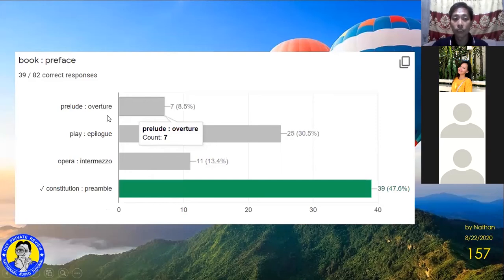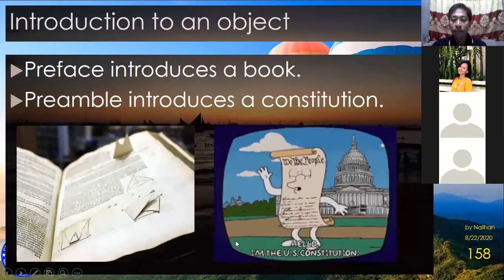So it's not prelude, overture. It's not play, epilogue. For play, the best analogy is, I don't know, prologue, something like that. And it's not opera, intermezzo. I think intermezzo is in between the opera or in between the performance. So the best analogy here is Constitution, preamble.